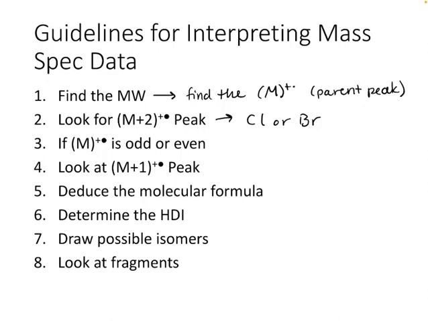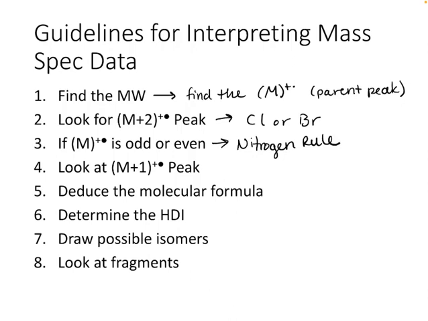Next, determine if the molecular weight of your molecule is odd or even. If it's odd, then you know you have an odd number of nitrogens. If it's even, then you either have a hydrogen or a hydrocarbon or an even number of nitrogens. So that was the nitrogen rule.